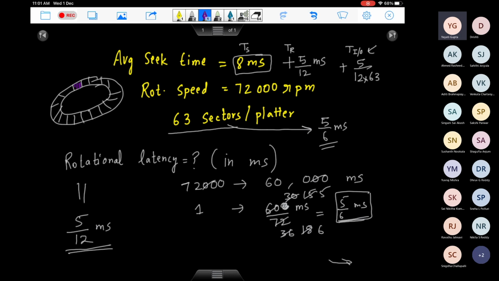So we saw how much time it will take on an average to come to the right track, then to this right sector, and then to do an input or output. Next question is, what if you had to come to this sector and then do a read write for 10 contiguous sectors, some 10 sectors from here? So how much time will it take? Any guesses?